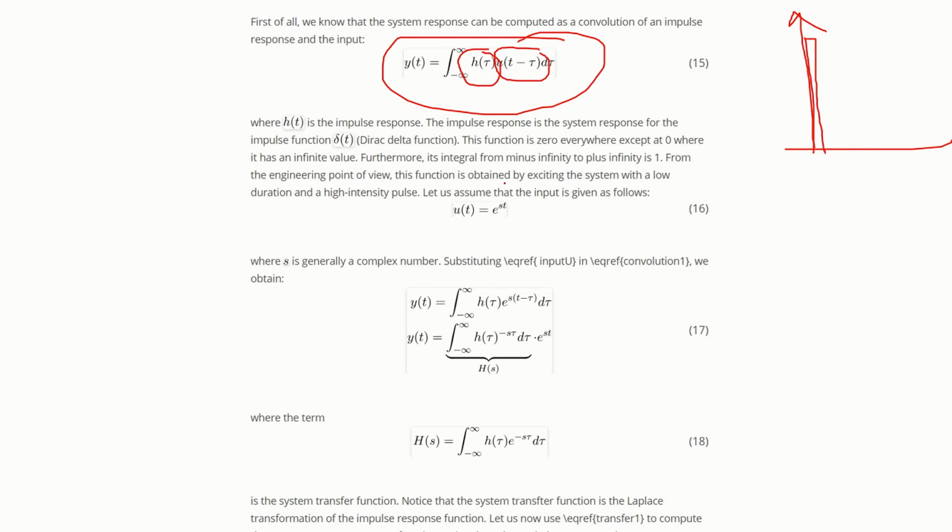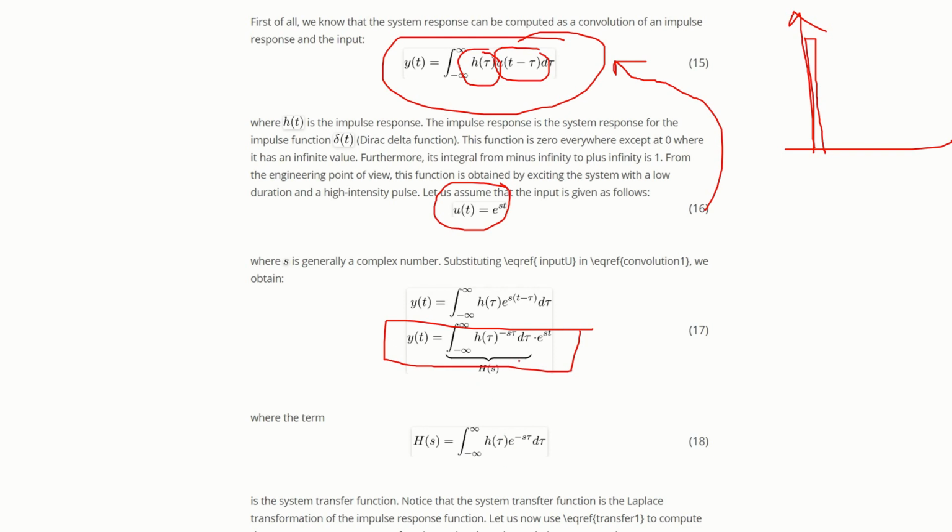Now let us assume that the input is given as e to the power st, where s is generally a complex number, and t is time, of course. Now, substituting 16 in this equation, we can obtain the following equation, the equation 17.